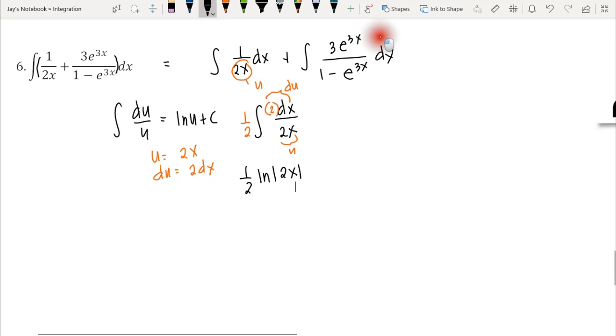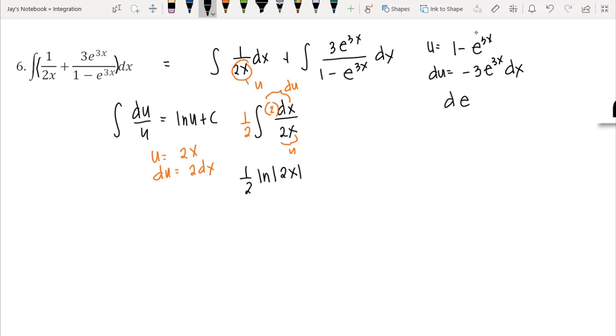Now we have second term, that is 3e raised to 3x over 1 minus e^3x dx. So upon checking the equation, if our u here is 1 minus e^3x, then our du should be what? That is negative 3e raised to 3x dx. The only thing that we will be deriving, if we want to derive e here, is the exponent. From the rule, if we derive e raised to u with respect to x, that would give us e raised to u times du/dx.